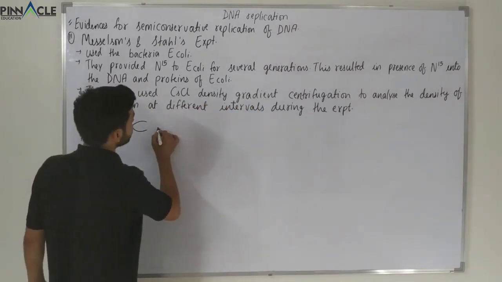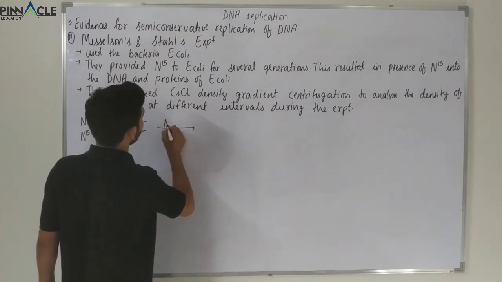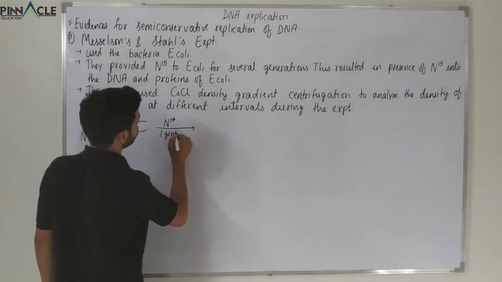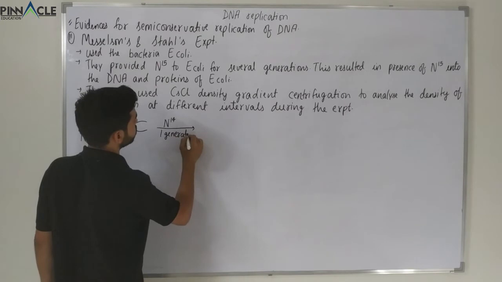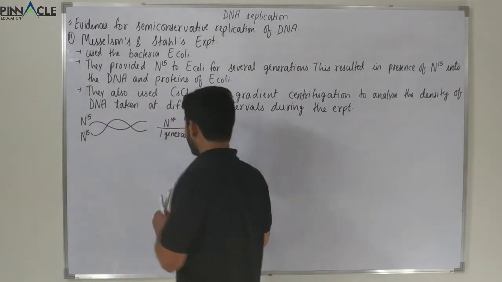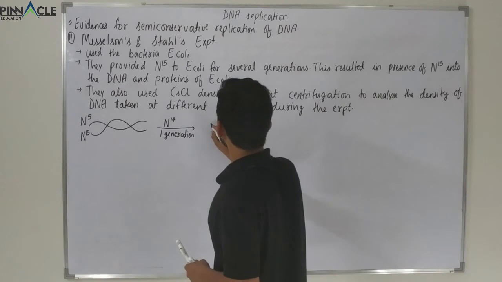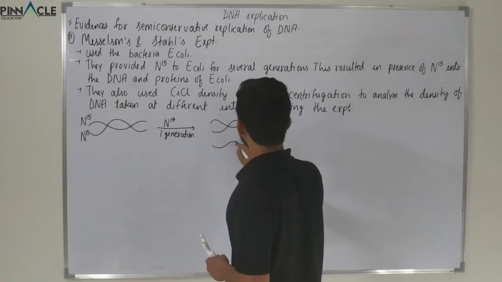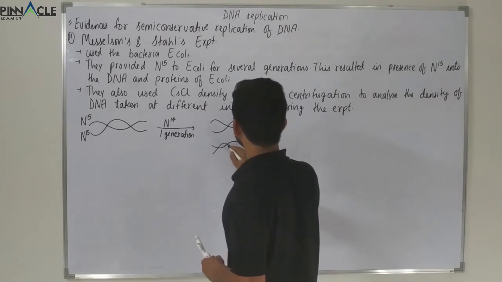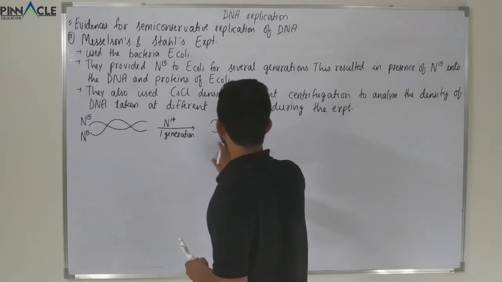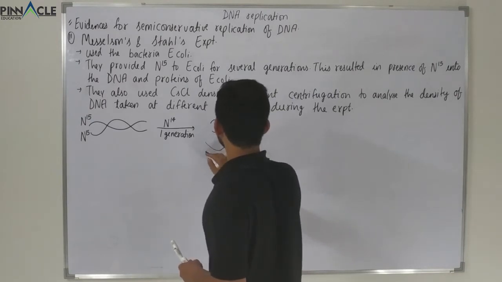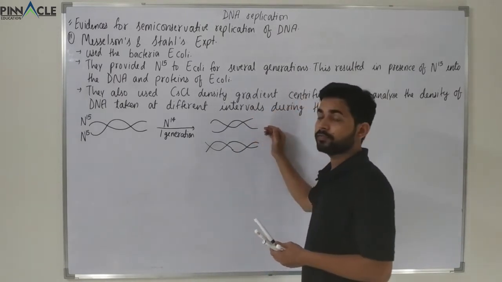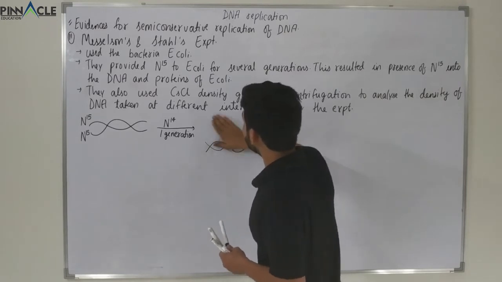But for one generation he provided N14 only, that is for 20 minutes approximately, one generation. And therefore what they found was that one strand of each part was containing N15 as well as N14. So one became N14 and one became N15, and we'll denote that by different colors over here.